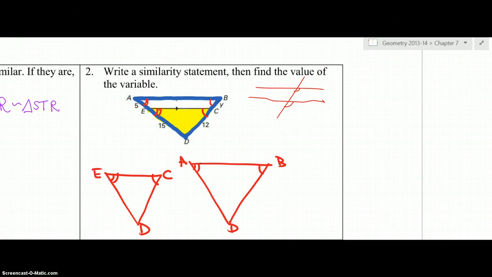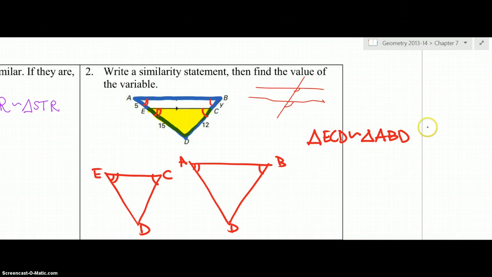What can you say about those two triangles, the small triangle and the big triangle? They're similar. How do you know? Okay, what's our justification going to be? What's it called? Angle-angle similarity. That's right. So, our similarity statement would be something like triangle ECD is similar to triangle ABD.